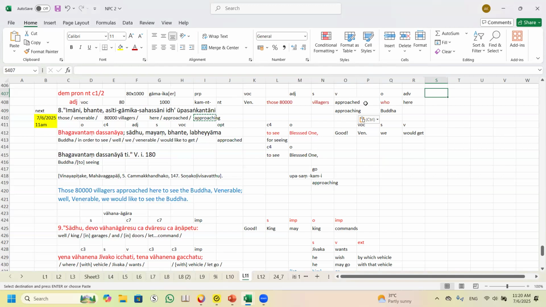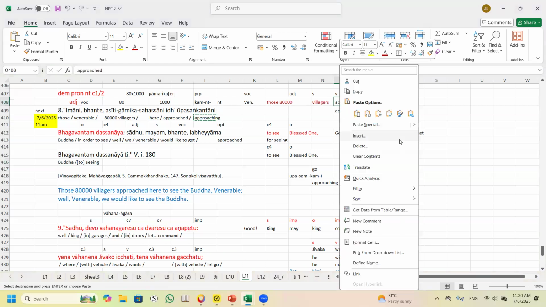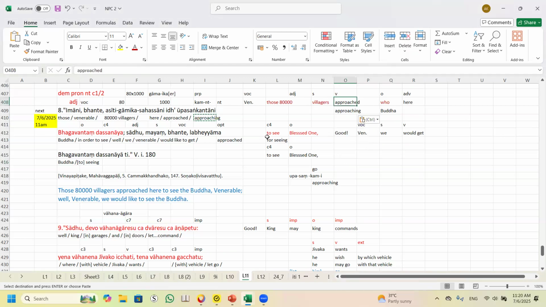Approaching, that means this is describing this villager approaching to see the Buddha. So don't you think it is approach to see the Buddha? It's up to you.